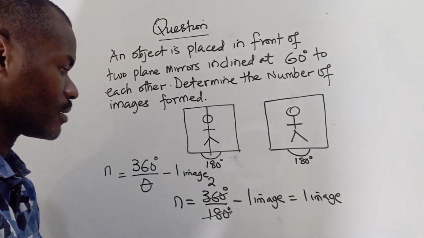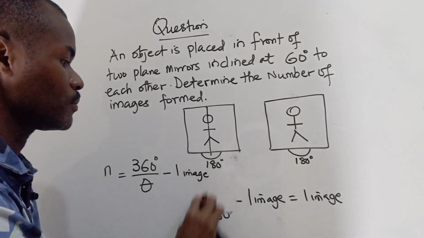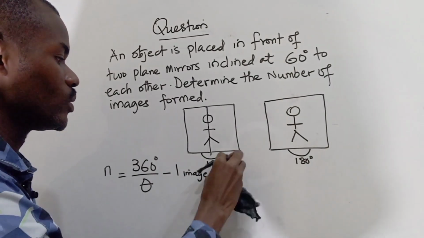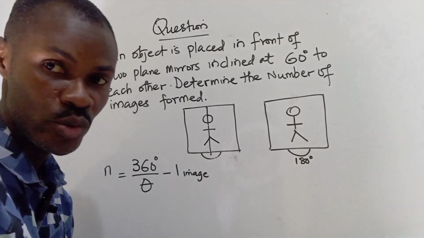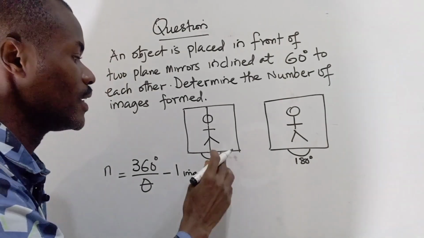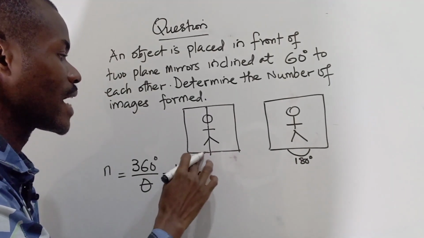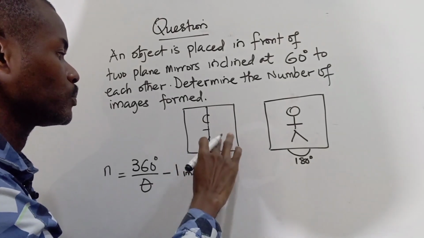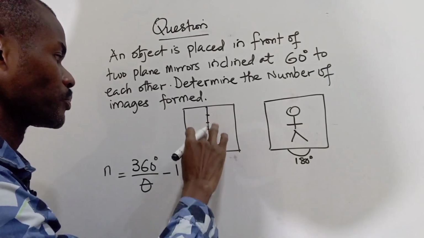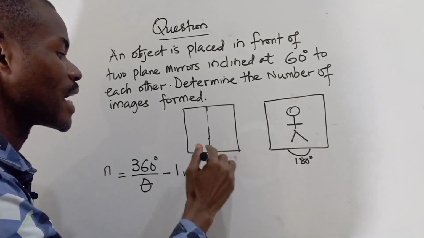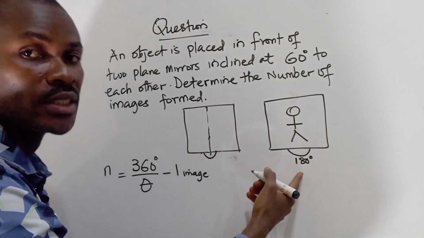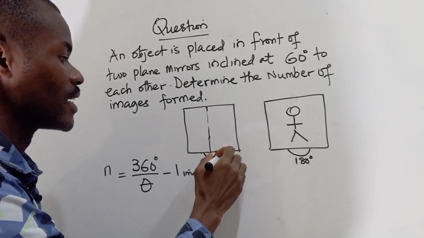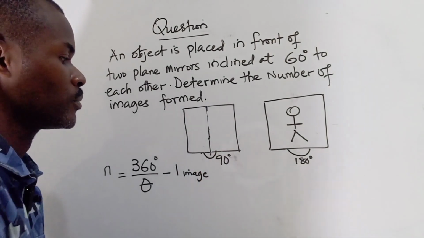But there is something about using this formula when the angle is reduced. Let's say instead of 180 degrees, it is now 90 degrees.